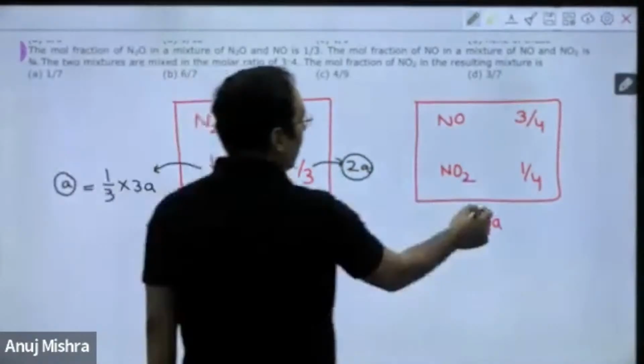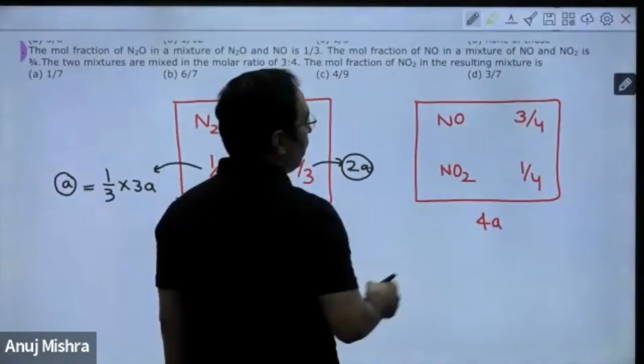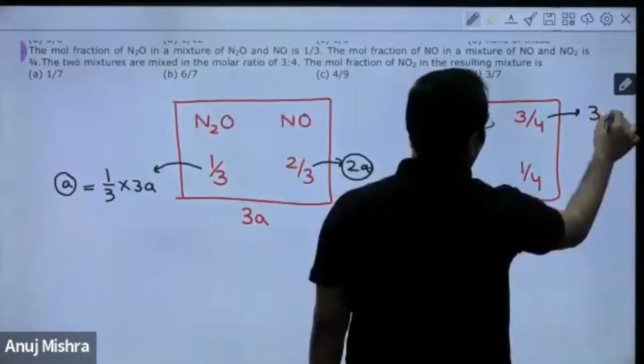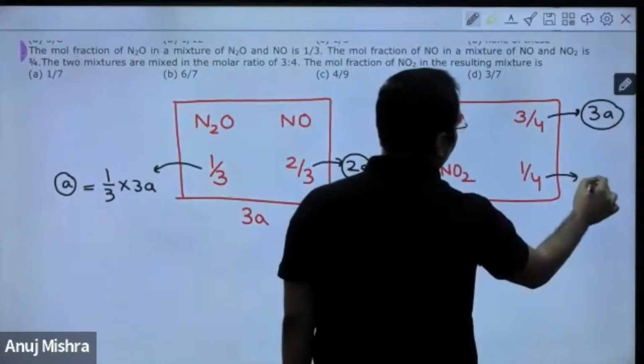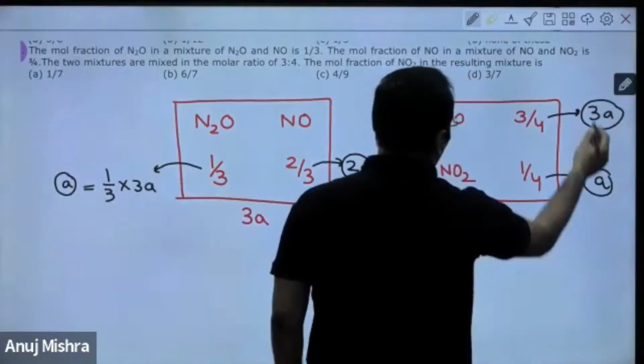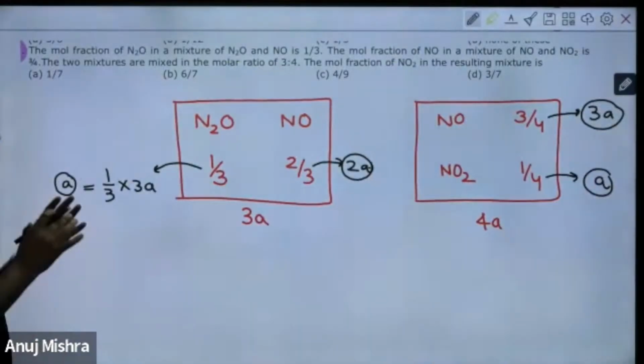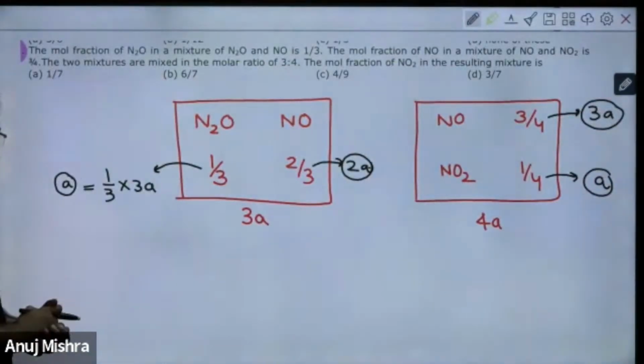This is 4A. How much is this? NO is how much? 3/4. So NO का amount कितना हो जाएगा? 3A. And इसका amount कितना हो जाएगा? A. Total amount कितना हो जाएगा इसका? 4A. Match हो रहे? Any problem with this? Any doubts with this? Any confusions? Is it clear?